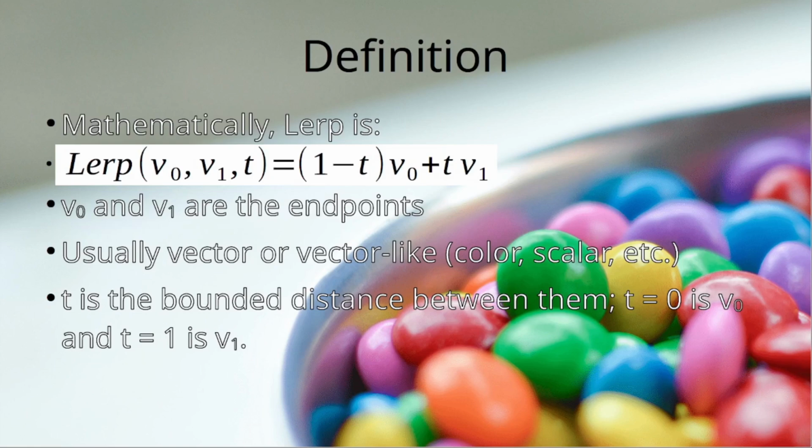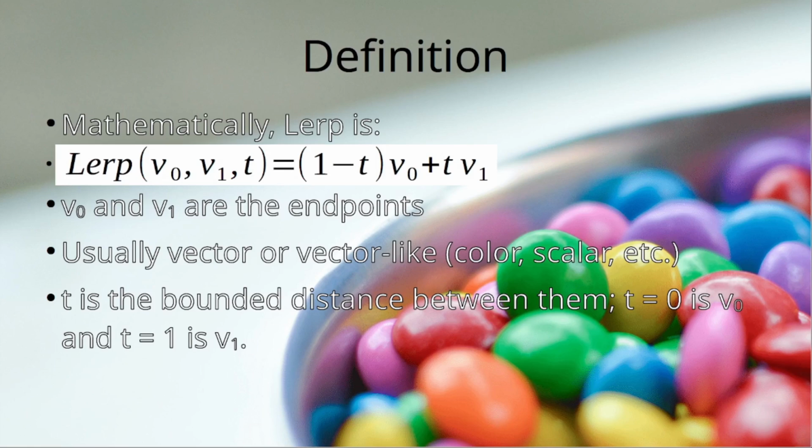So, the mathematical definition of linear interpolation. I remind you it's taking one point or color or whatever have you, something vector-like, and easing into a different state from it. You'll take two parameters here, v0 and v1, which are whatever the type is you're interpolating between, and t, which is usually bounded between 0 and 1.